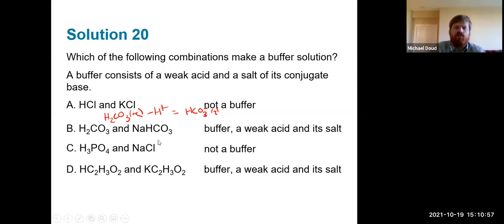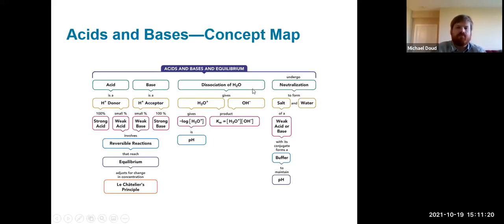How about H3PO4 and NaCl? That makes no sense, right? Those aren't related in any way. But how about acetic acid and potassium acetate? Sure enough, acetic acid is the acid, acetate is the conjugate base. So this would be a buffer. So again, you can expect to see one question just exactly like this on the test. So you are prepared now.